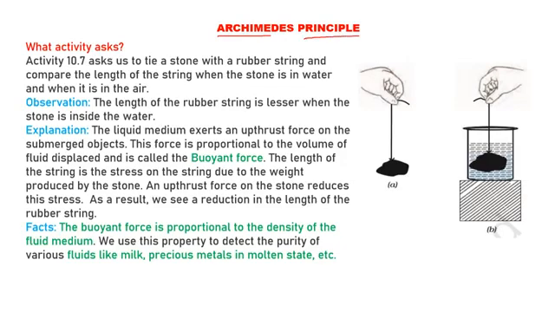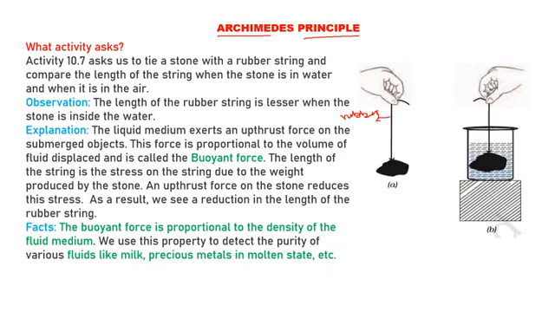This activity will show how the buoyant force applies on an object when immersed in liquid. What you have to take is a string, this is a rubber string, and a stone, and a beaker filled with water.